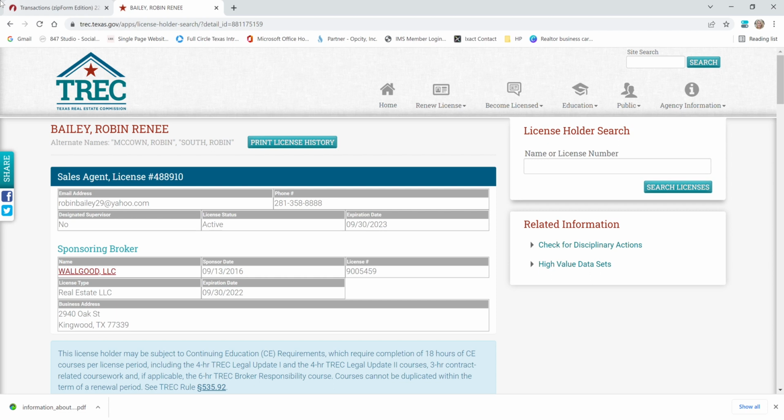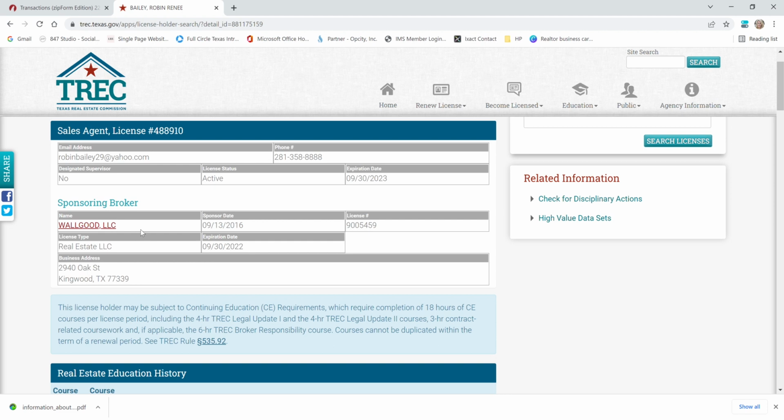And then we are going to put the sponsoring broker. Their license number. Their address. I always write this down on a sheet of paper. It's actually what I'm doing right now. So then when I go to the next page, I will be able to write everything down.